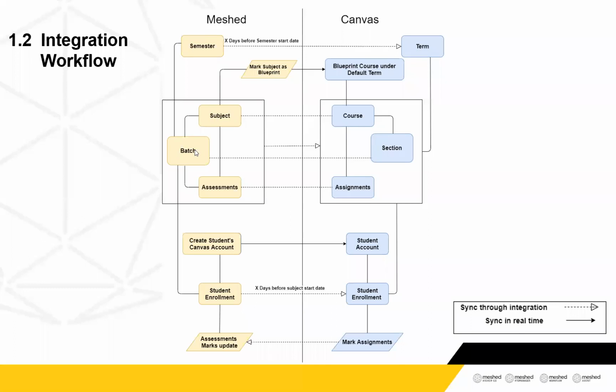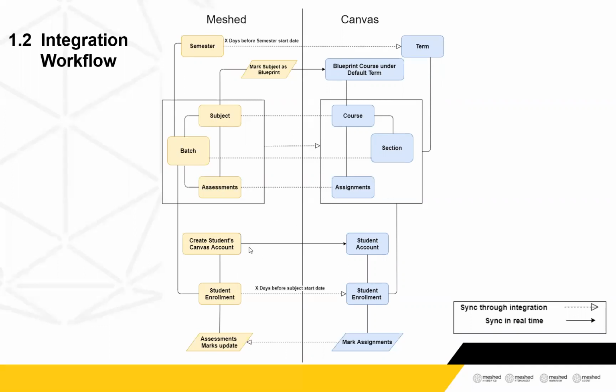The assignment of a batch is nothing but a trigger point to sync that subject to Canvas. The same logic is used for assessments as well. As soon as you assign a batch to any assessment, it will get pushed as an assignment to Canvas. So once your subject, batch and assessments are synced along with the semester to Canvas, this completes your entire course structure at the Canvas platform.